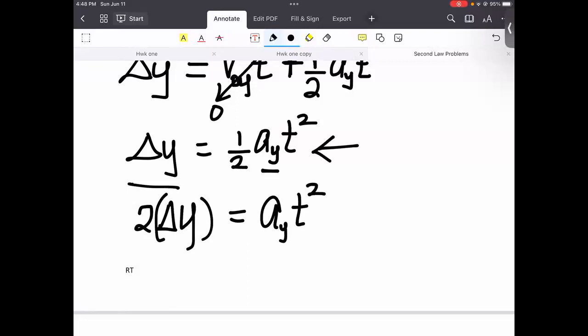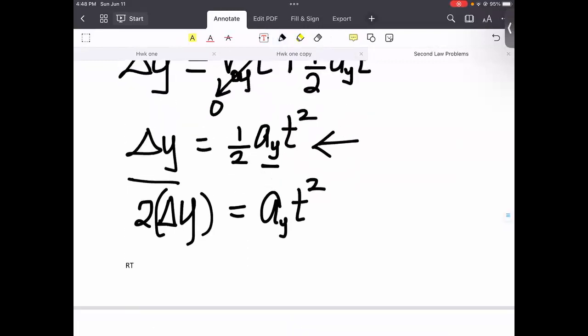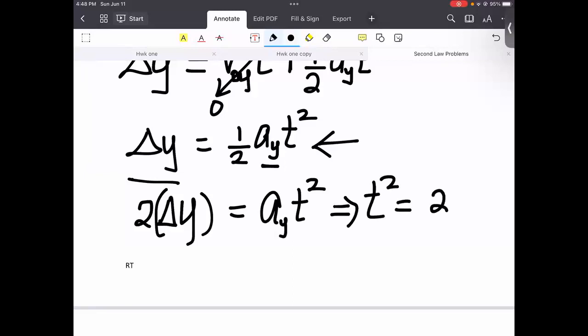This means that t squared is equal to 2 times change in y divided by a_y.